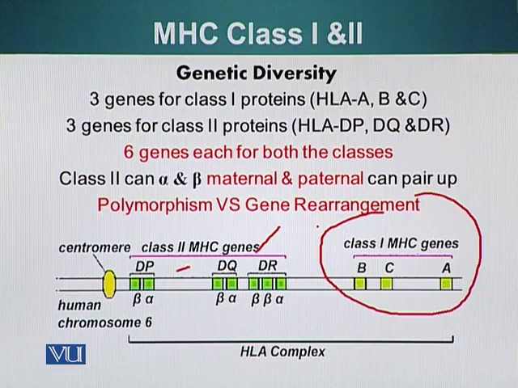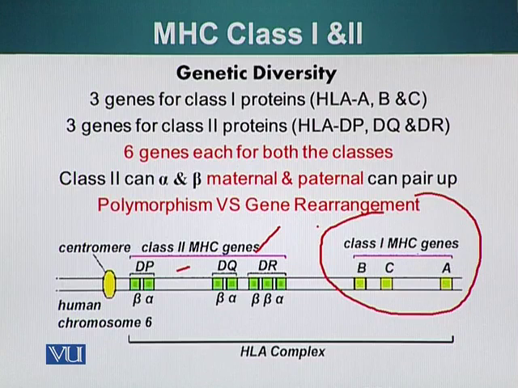They are also called HLA genes, human leukocyte antigen genes, which is another name for MHC genes. Here you can see that these genes are not present in gene segments like antibody genes or TCR genes are. However, the diversity comes because these genes are very polymorphic.